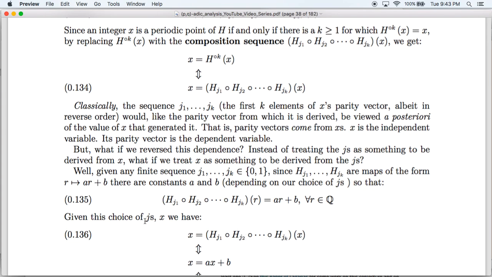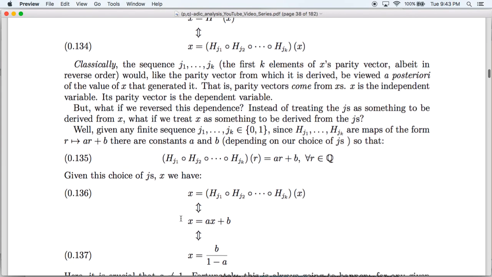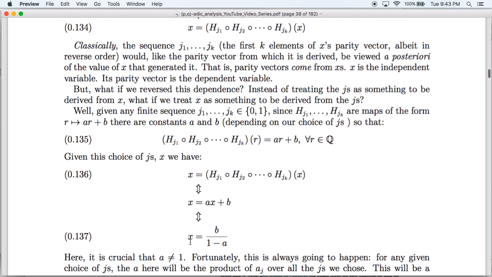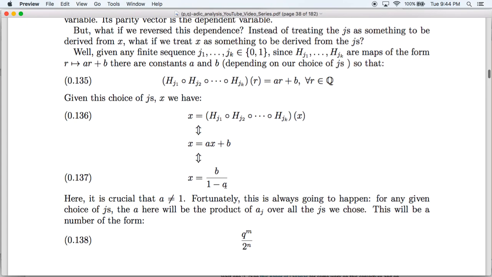So given this choice of j's and x, we have x equals ax plus b, where a and b are functions of the j's. And here, we then solve this to get x equals b over 1 minus a. Here it's crucial that a is not equal to 1, or otherwise this equation will have no solution. Fortunately, this condition is always going to be satisfied.